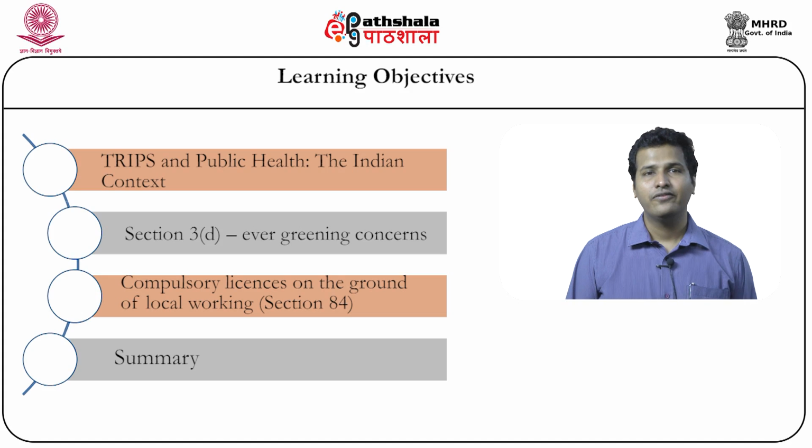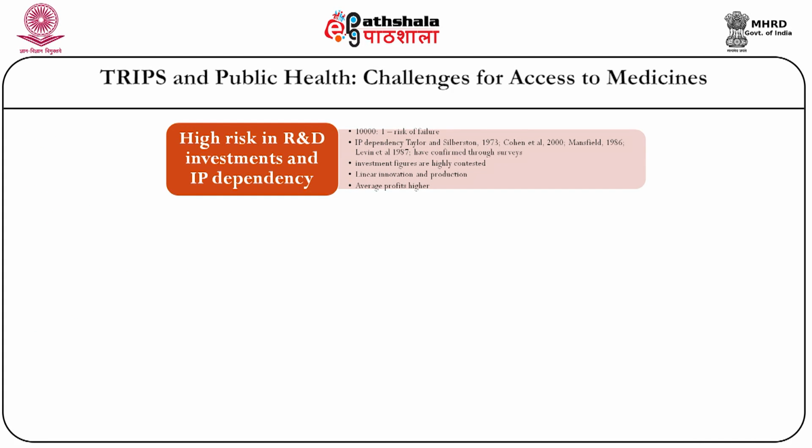So, if you understand the pharmaceutical industry, it is a high risk business model. The risk of failure is larger than the risk of success. So, 1 in 10,000 molecules make it to the market finally.